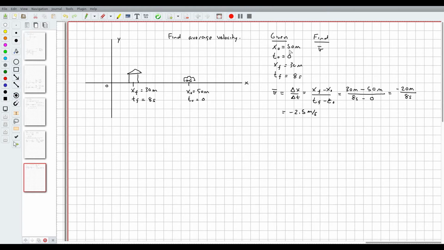Now, if we're consistent about our significant figures, there's one here, and one here, which means that this is about minus 3 meters per second.